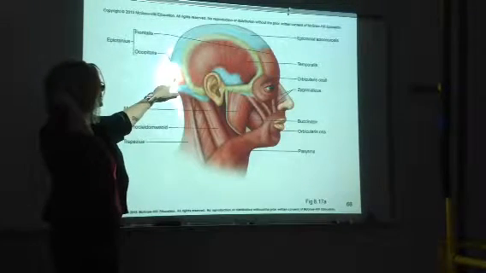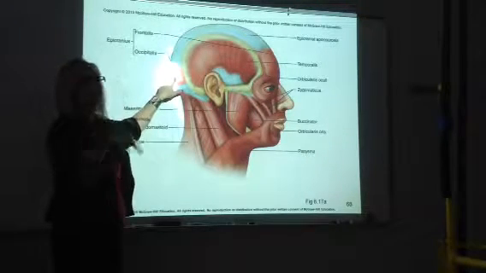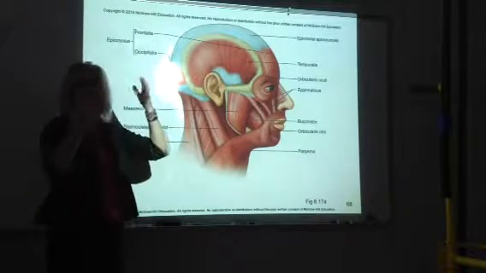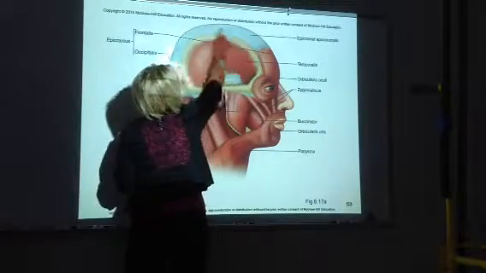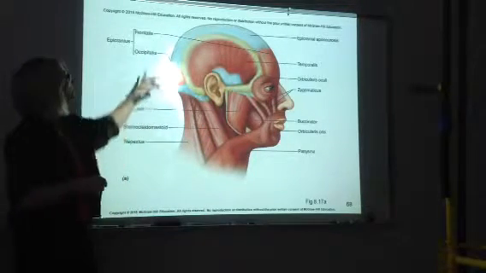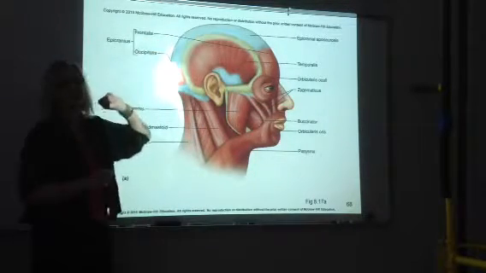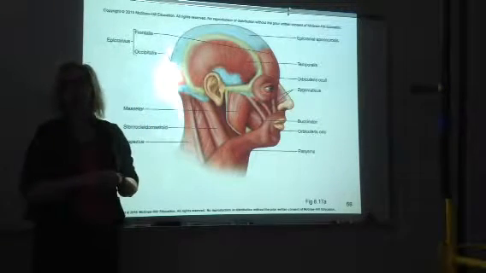Occipitalis is towards the back, and I don't want to say it's not used as much, you don't feel it in your head as much when it works. And notice there's an aponeurosis that connects those together. So of these two, the frontalis is the one we'll talk about the most, but both of them make up the epicranius.